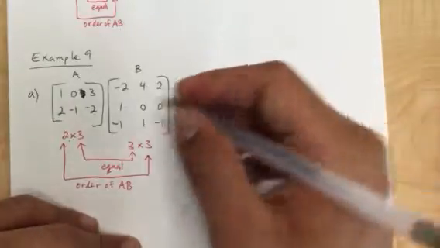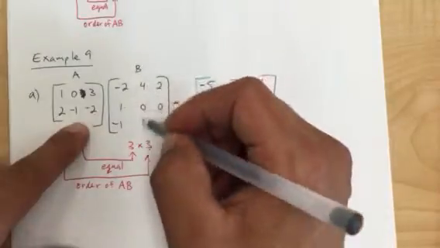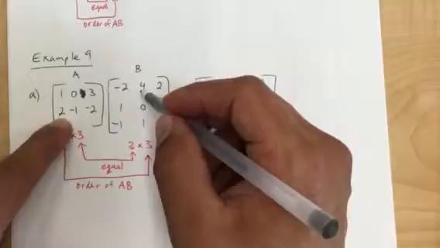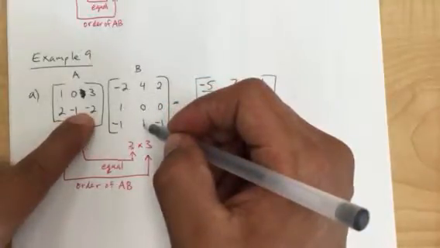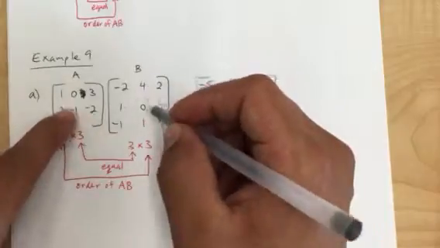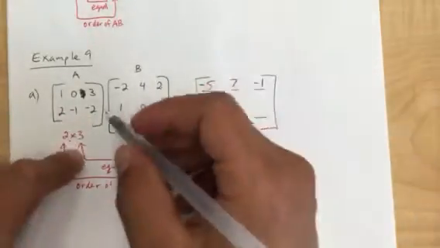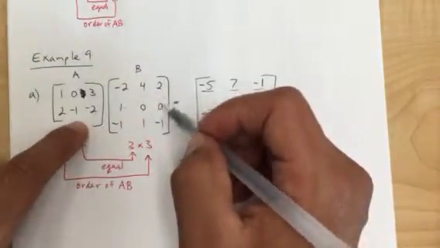Okay. And then the next one is going to be this row again by the second column. So I'm going to have 2 times 4 plus negative 1 times 0 plus negative 2 times 1. So that's going to be 8 minus 2, 6. And now the last one is going to be the last row by the last column.